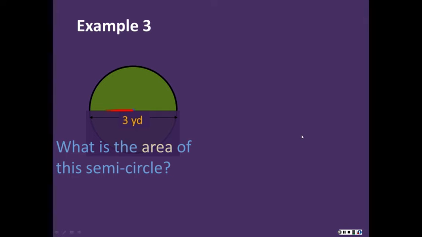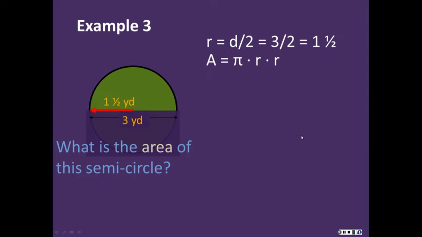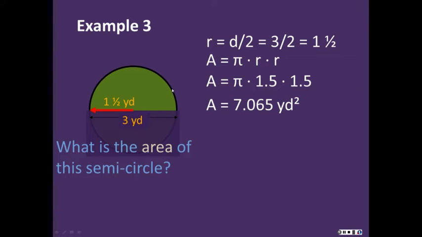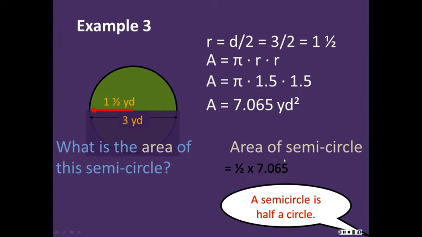Okay. So 1.5 times 1.5 times pi. My area is 7.065, but I just want the semicircle. What I've calculated is the entire circle. Divide that by 2. So when I divide it by 2 or times it by half, I'm going to get 3.5325 yards.